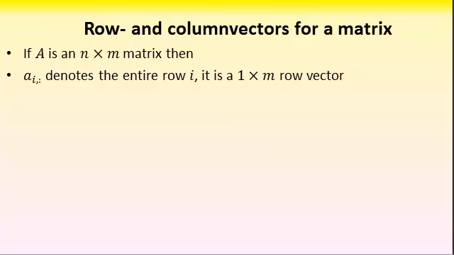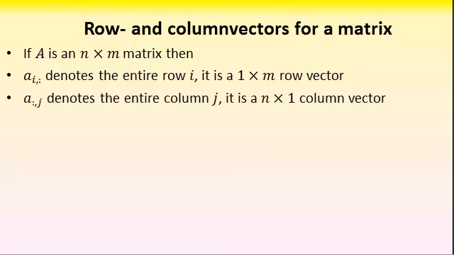Similarly, A, colon, comma, j will denote the jth column of A. Again, the first index is a colon, which means all of them, so all the rows. The second index means the column index, so particularly column j. Since I'm pulling out all the rows for a particular column of A, that will result in an n by 1 column vector.